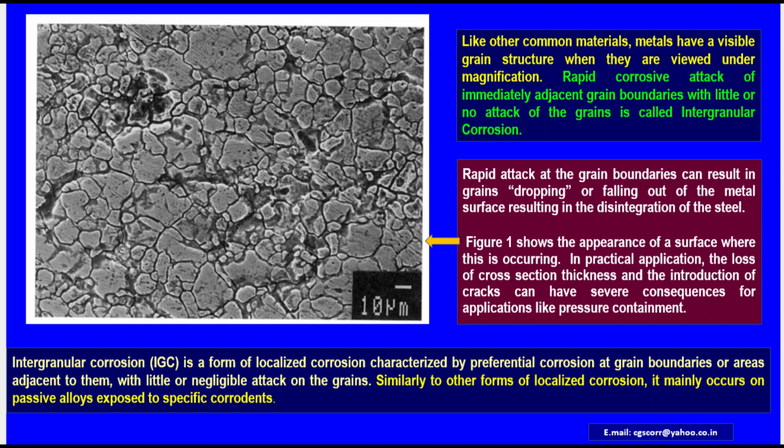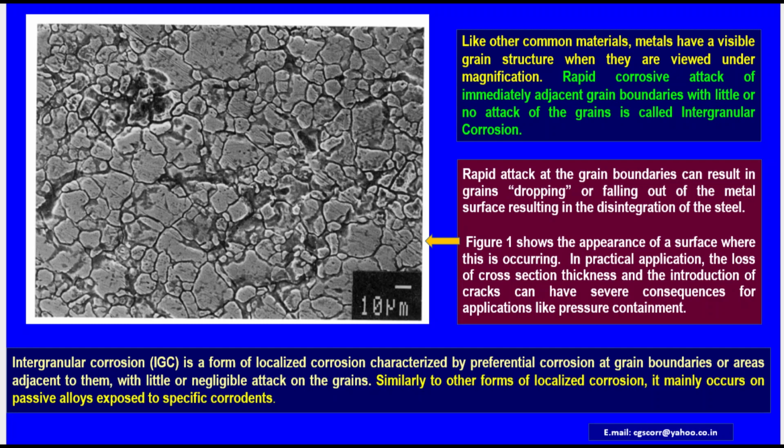Like other common materials, metals have a visible grain structure when viewed under magnification. Rapid corrosive attack of immediately adjacent grain boundaries with little or no attack of the grains is called intergranular corrosion. Rapid attack at the grain boundaries can result in grains dropping out of the metal surface, resulting in the disintegration of the steel.